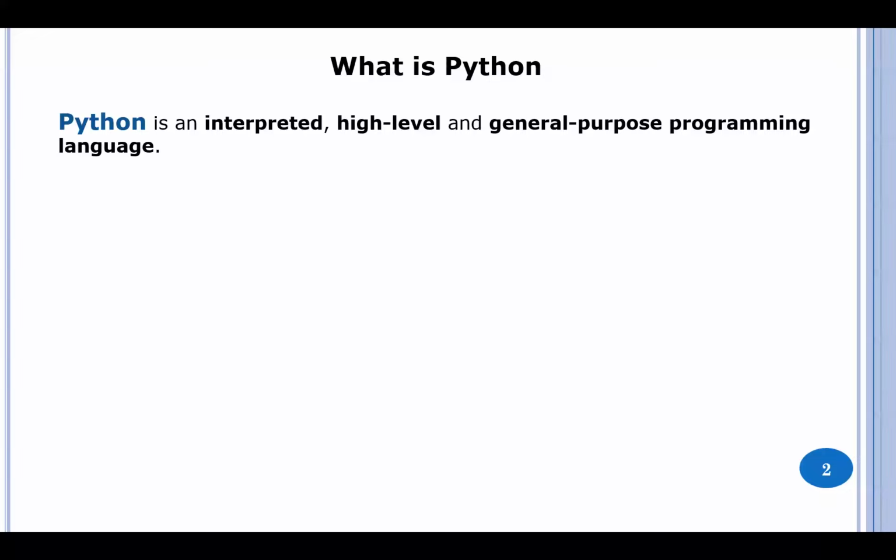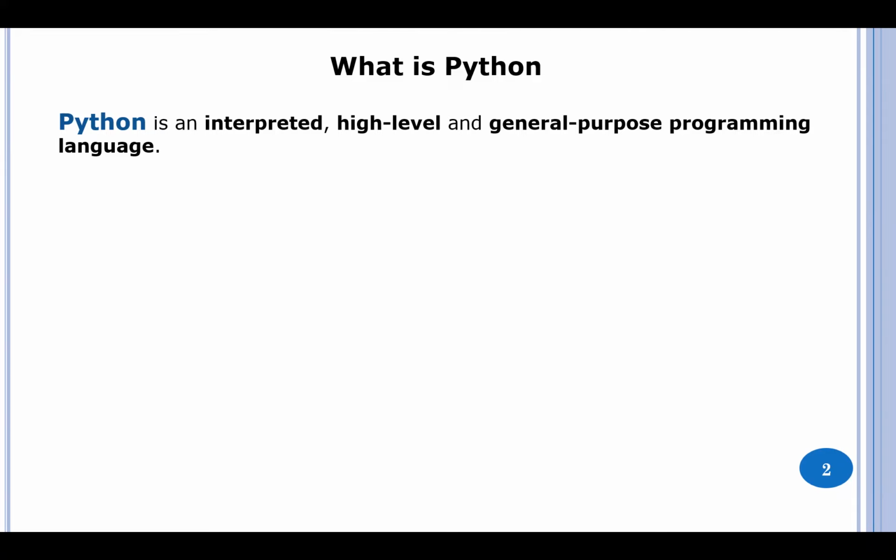If you try to find the definition of Python in Google, this is the most common definition you will get: Python is an interpreted, high-level and general-purpose programming language.